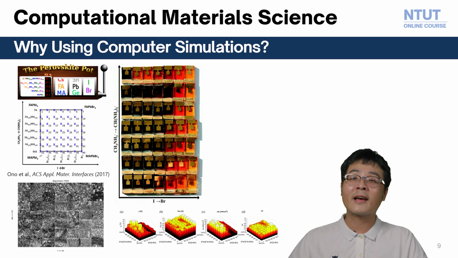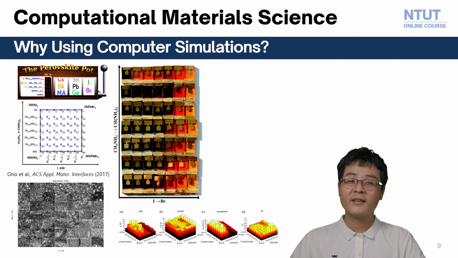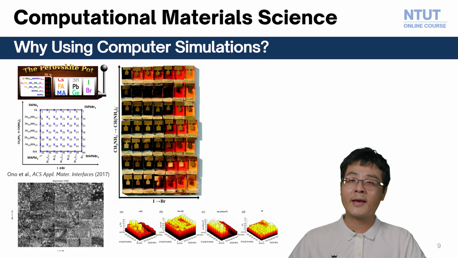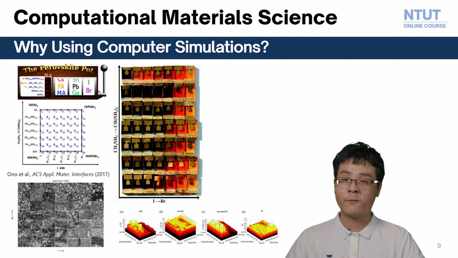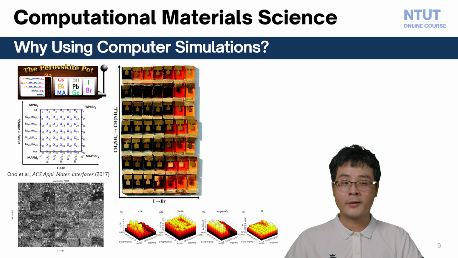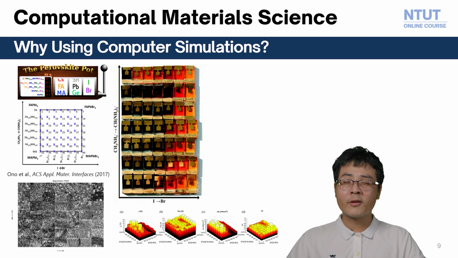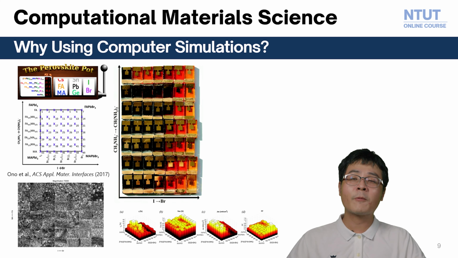They synthesized 49 different compositions of perovskite, and they measured the morphology, the color, and all related parameters of the solar cell device, including short circuit current, power conversion efficiency, fill factor, and open circuit voltage. So they can get the chart below showing the relationship between these parameters and the composition.